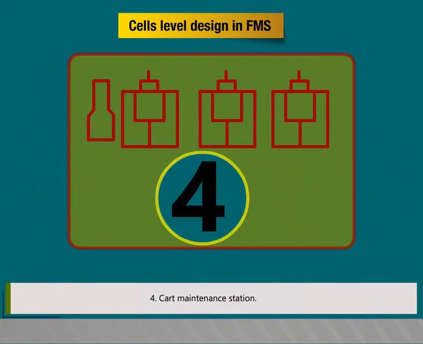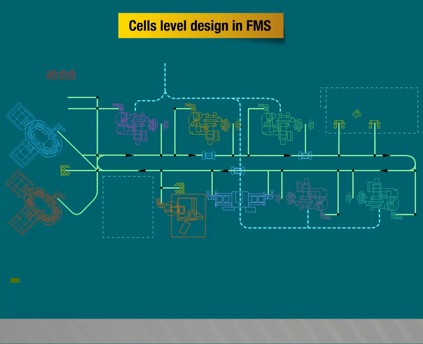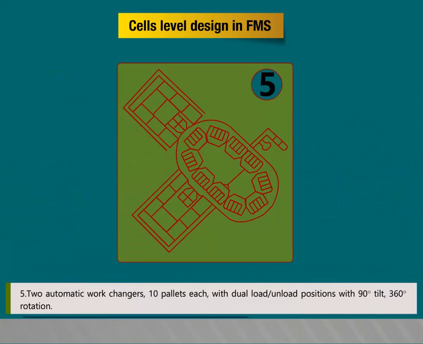Cart maintenance station. 5. 2 automatic work changers, 10 pallets each, with dwell load or unload positions with a 90-degree tilt, 360-degree rotation.